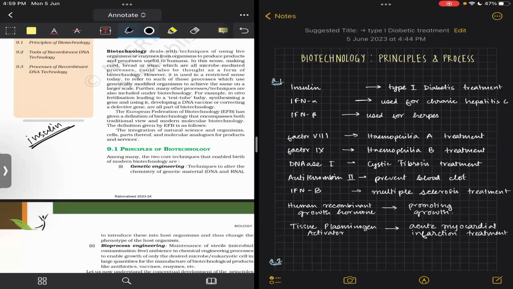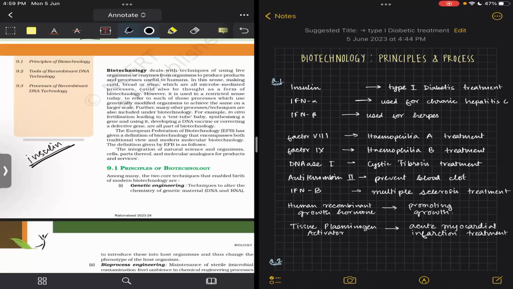Now insulin is quite cheap and easily accessible to everyone, and it is actually human insulin, so the chances of developing any allergic reaction to it are also very less. So this is biotechnology, where we genetically modify an organism in order to create the desired product, and then after getting the product, we process it. It goes through downstream processing, and after that it is launched in the market.